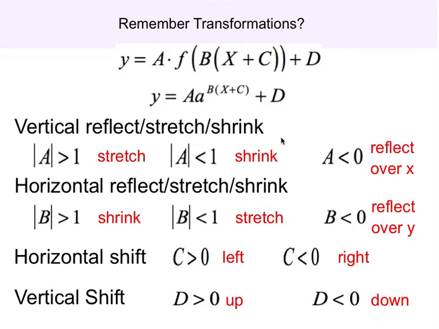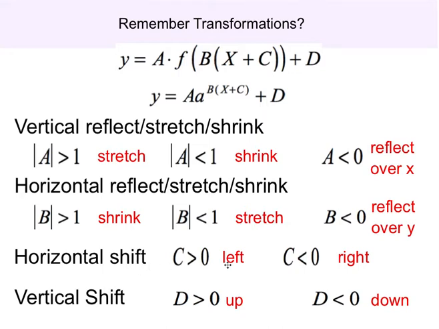It causes reflect over the x-axis. That's when a is less than 0. If the absolute value of a is greater than 1, it causes a stretch. If it's less than 1, it causes a shrink. With horizontal, reflect over the y-axis if b is less than 0. If b is greater than 1, it causes a shrink. If b is less than 1, it causes a stretch.